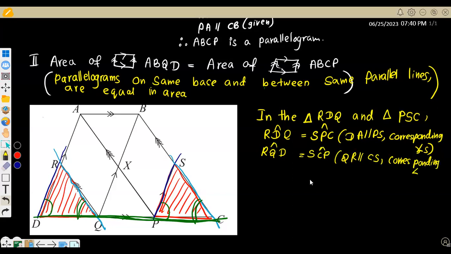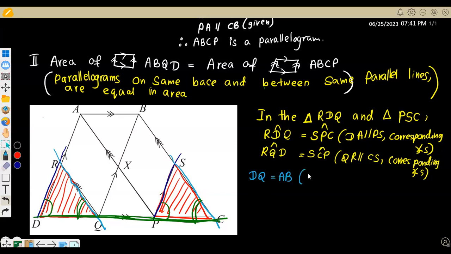Look carefully, son. We can't say that DQ and PC are equal to each other at once. We have to say it this way. You can say that DQ equals AB. The reason is DQ and AB are opposite sides of a parallelogram, because we showed that ABQD is a parallelogram.